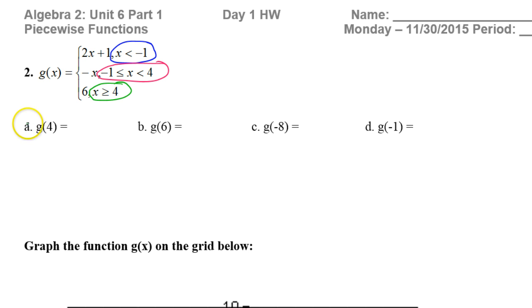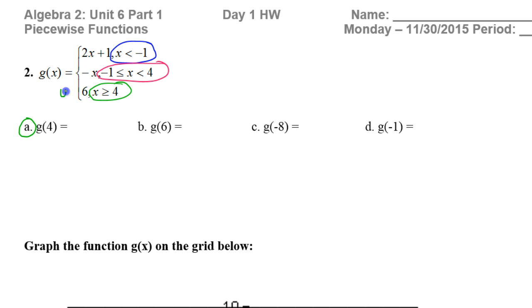So for A, we're going to be using the green function, because this domain tells us that we're going to use the third part of the piecewise function whenever the x values are greater than or equal to 4. And of course 4 is equal to 4, so we're going to use this.